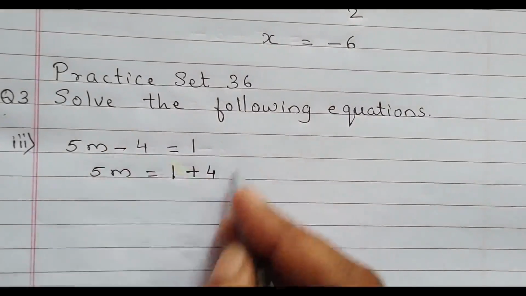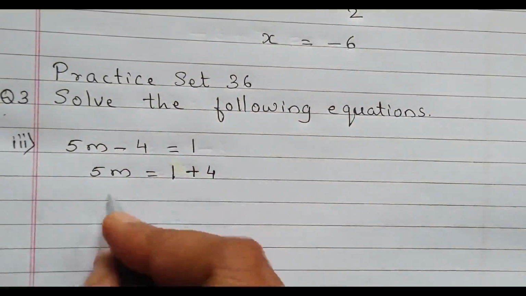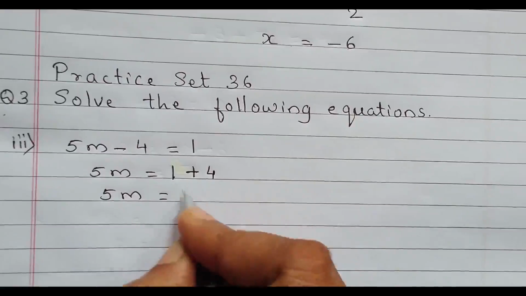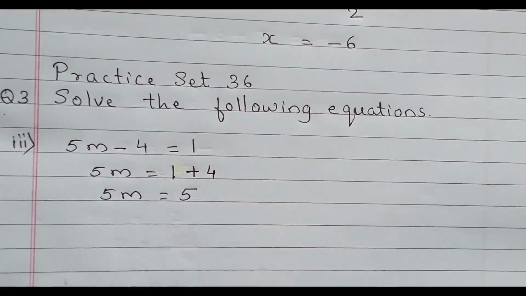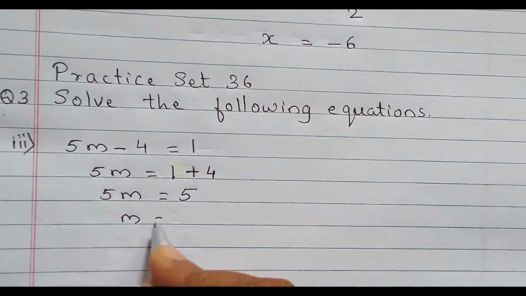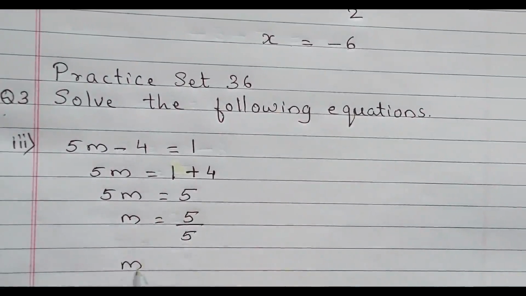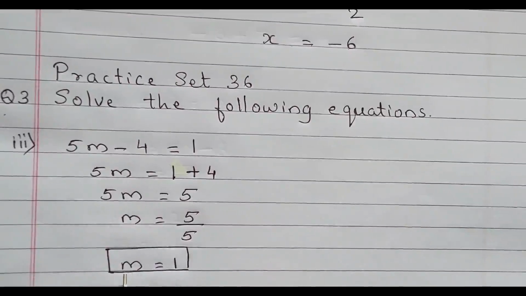Because this is minus, when you transpose it becomes plus. So you get 5m is equal to 4 plus 1 is 5. Now m is equal to 5 divided by 5. That means m is equal to 1. So your solution is m is equal to 1.